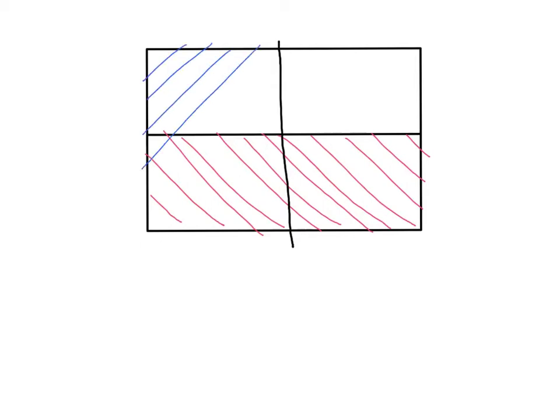Notice I'm using a different color and I'm going in a different direction. So when I look at my original half and I think about splitting that in half, what's half of that? Well, that is 1/4 of the whole. What I have shaded in here going both directions, both red and blue, in opposite directions, that's 1/4 of the whole.